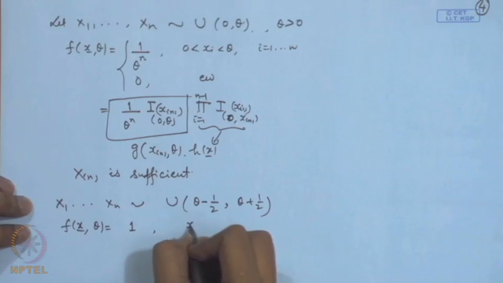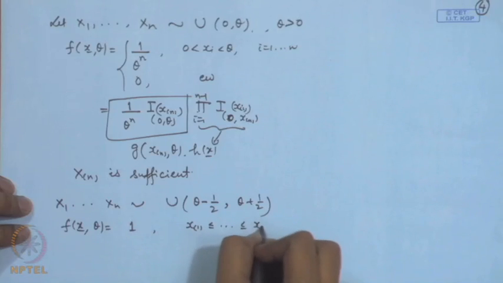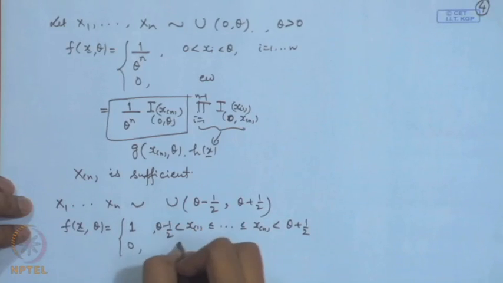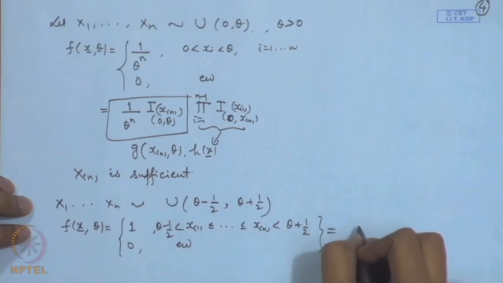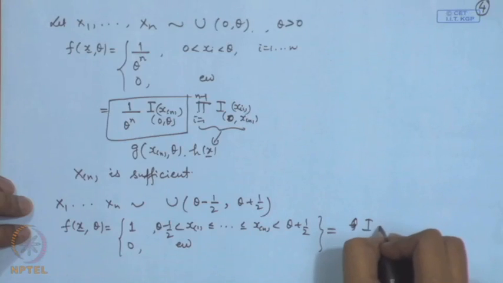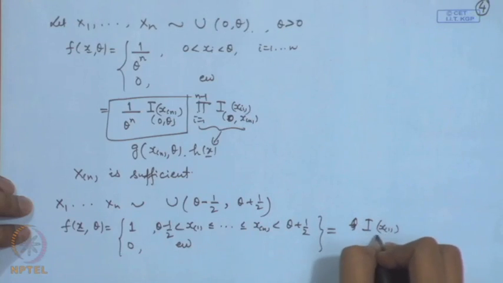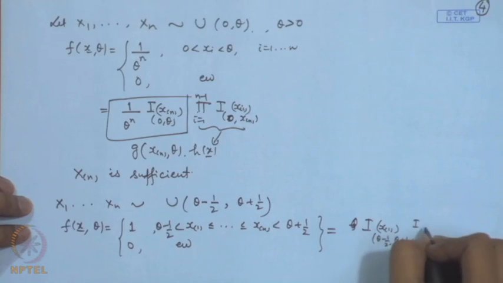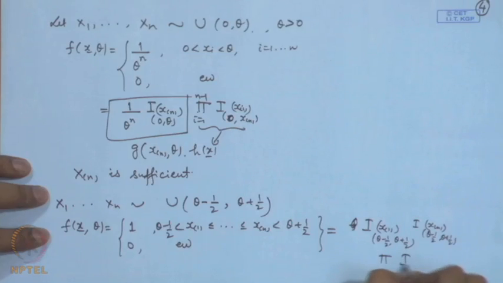However, each of the xi's is between theta plus half and theta minus half. So, this part we can incorporate as the indicator function of x 1 from theta minus half to theta plus half, and the indicator function of x n from theta minus half to theta plus half, and the remaining order statistics lying between x 1 and x n, i is equal to 2 to n minus 1.